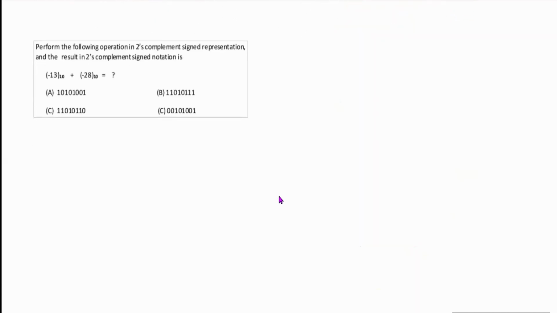Let's go to another problem. In this problem, it says to perform the following operation in 2's complement signed representation, and the result in 2's complement sign notation is asked. So you need to perform your operation in 2's complement sign representation. For doing that, first you need to convert this one and this one into 2's complement representation.